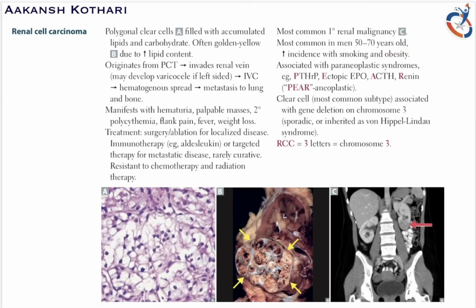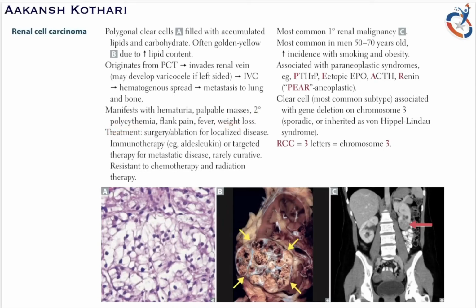Now, since it is associated with paraneoplastic syndromes, for example hypothyroidism, ectopic erythropoietin, that is, excessive or decreased production of erythropoietin, ACTH, and renin, it produces symptoms of them as well. Is it clear?